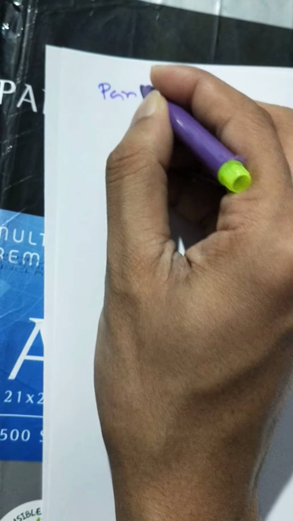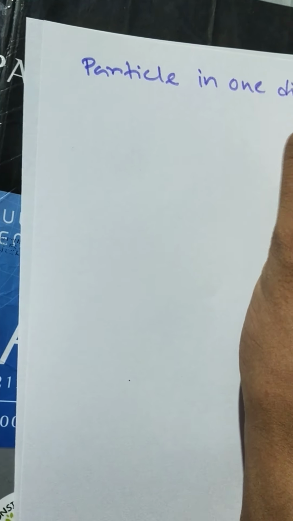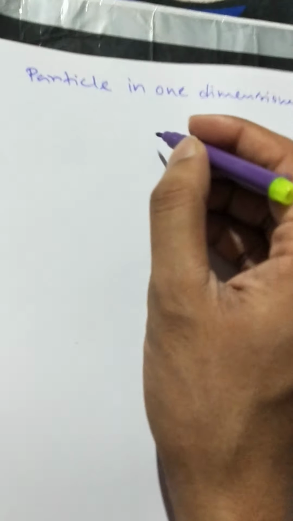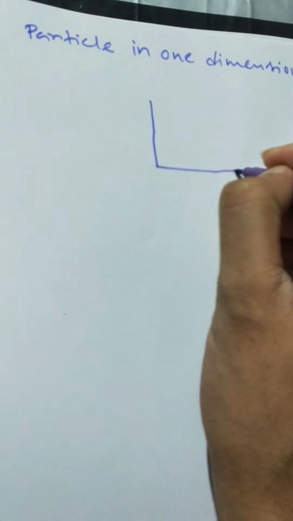Now there is a special case, that is a particle in a one dimensional box. This is a special case of the Schrodinger equation. Let's draw a box.